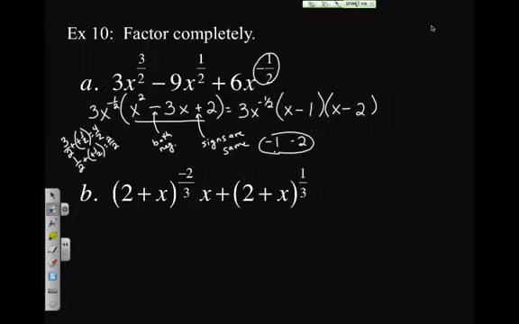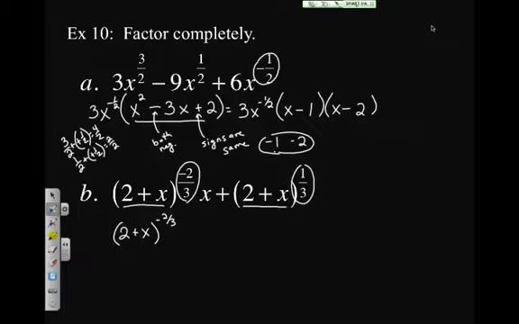One more problem that's pretty similar to this. Notice we've got 2x plus 1 raised to the negative 2/3 and 2x plus 1 raised to the positive 1/3. So we factor out the 2 plus x, to the lowest power. And the lowest power here is the negative 2/3.